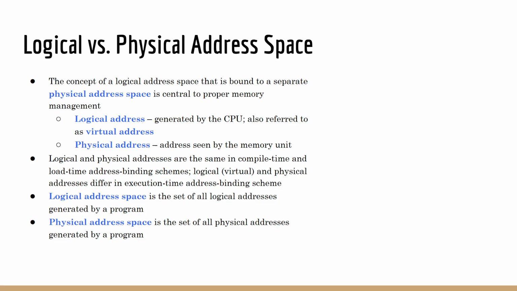In older schemes like compile time or load time binding, the logical and physical addresses are identical. However, in modern systems that use execution time binding, the logical and physical addresses differ. And this is where memory management becomes really powerful.